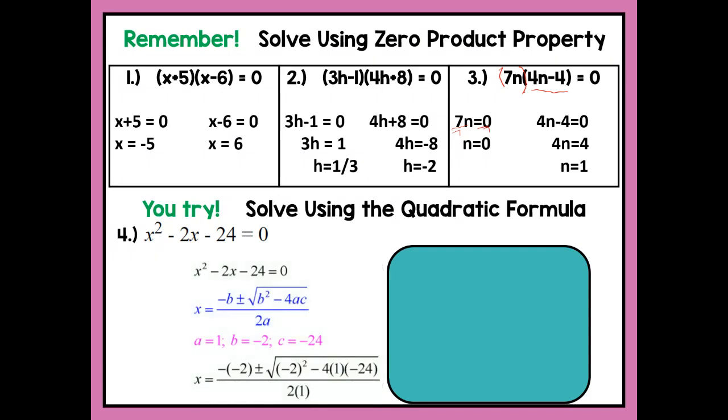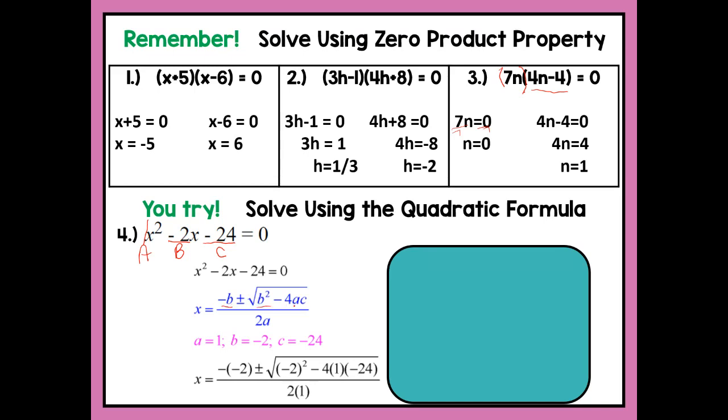Okay, so plugging it in, we see that a is 1, b is -2, and c is -24. Plug in your a, b, and c into their corresponding spots in the quadratic formula.